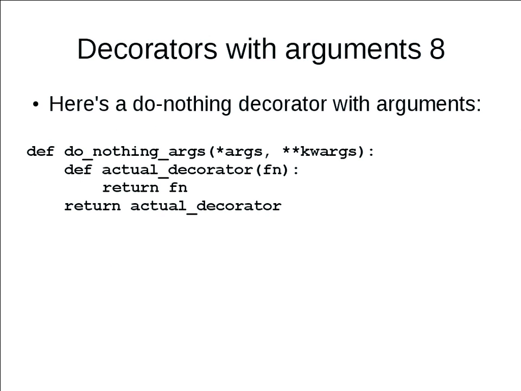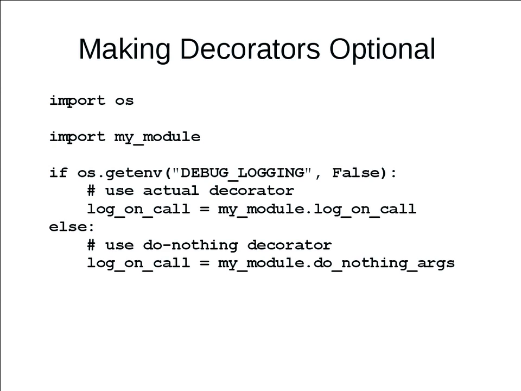Now here's our do nothing decorator, this time with arguments. And it's pretty simple. We use *args and **kwargs to accept any arguments, and then we ignore them. We don't care about them. The actual decorator takes its function reference and gives it back to you. Here you go, no change. So this safely does nothing with arguments. And that's kind of cool because you can make the decorators optional.